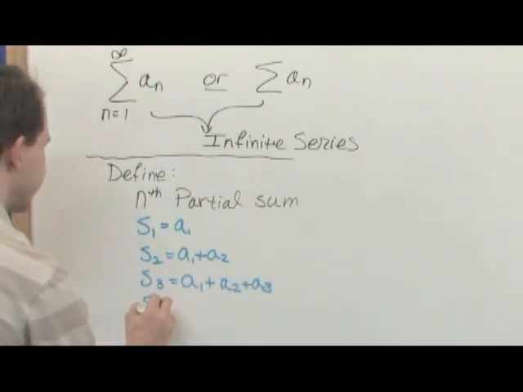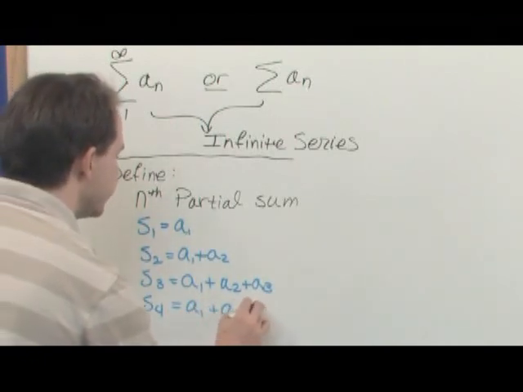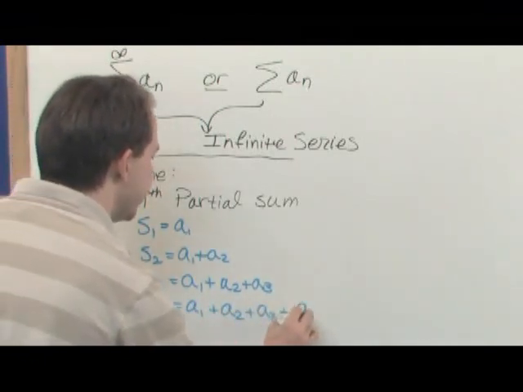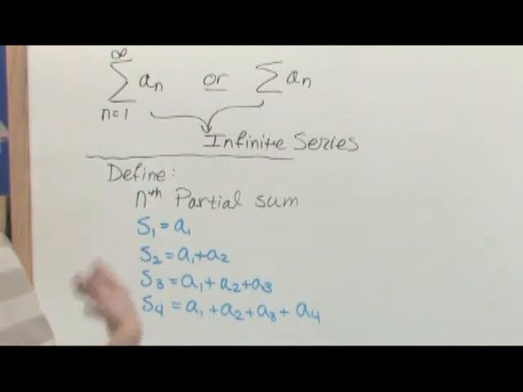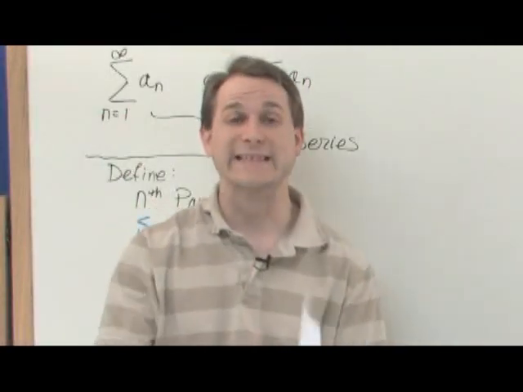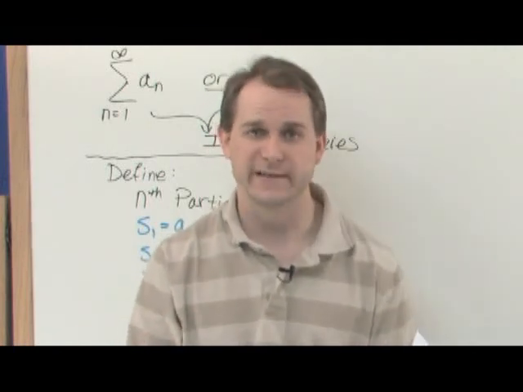And then just for grins, I'll put the fourth one, a1 plus a2 plus a3 plus a4, right? So for the fourth partial sum, it's like this. And that's why, by the way, they're called partial sums, because the sum of the series, the entire sum of the series, which is usually an infinite series, is an infinite sum, okay?